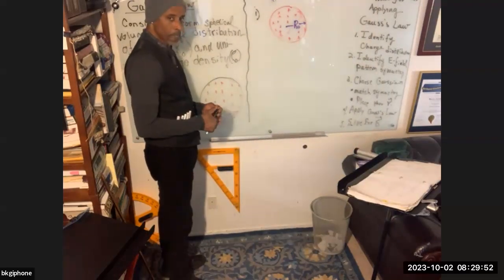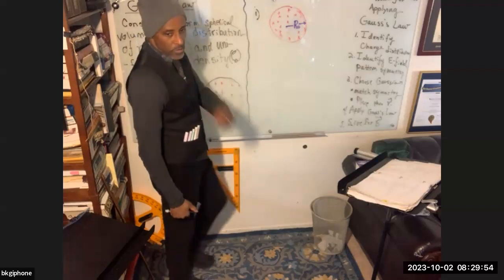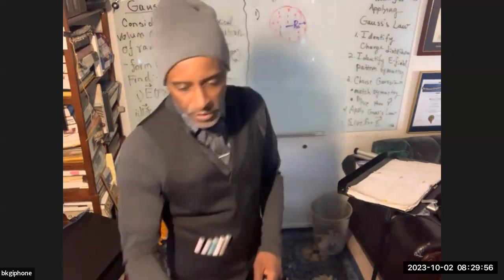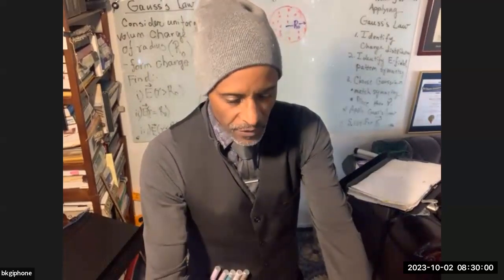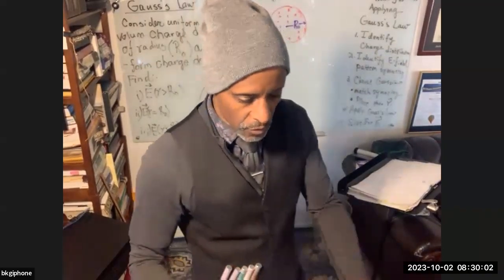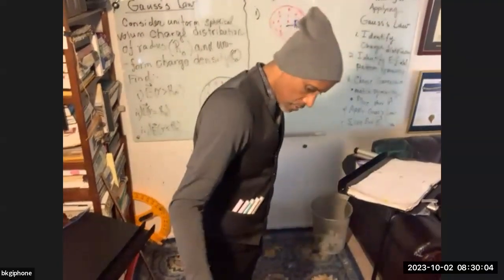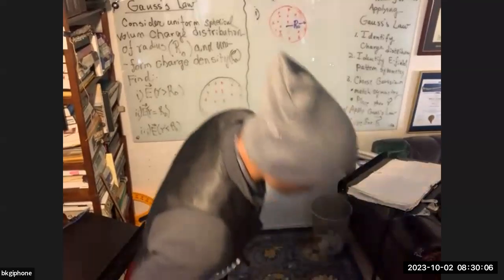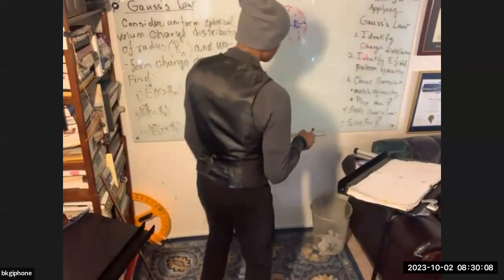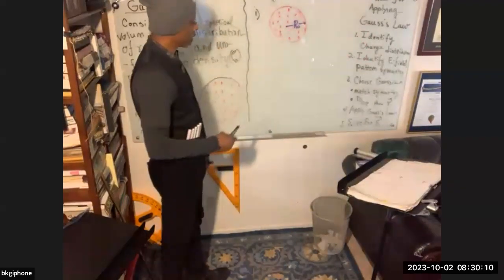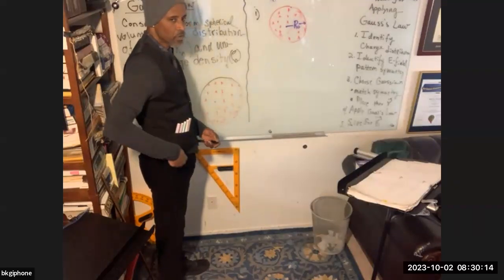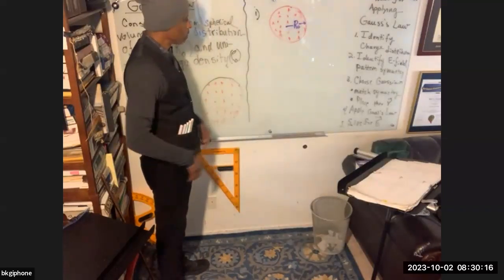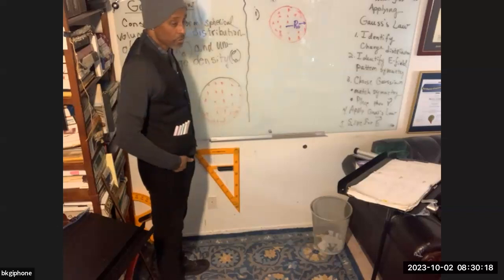Now for the first two steps, I'm using the word identify just because I want to emphasize to you that there's nothing really to calculate. You're just basically evaluating the charge distribution and its symmetry.